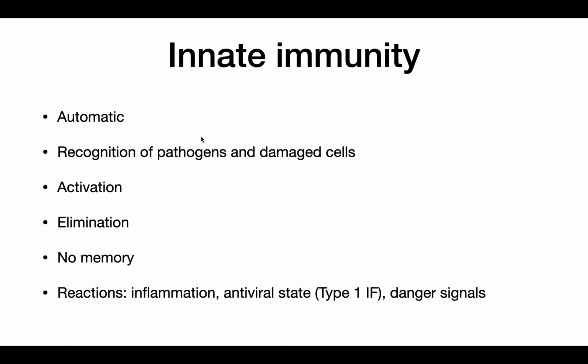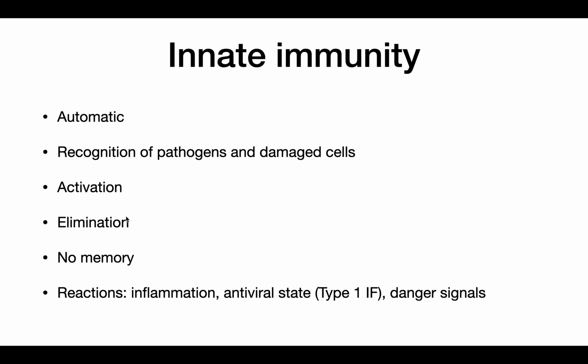So just as a recap, innate immunity is automatic. There are certain activation factors, such as the cells recognizing some very, very general cellular signals from pathogens. These are not specific, so that's really important. There is non-specific recognition of the pathogens and damaged cells.